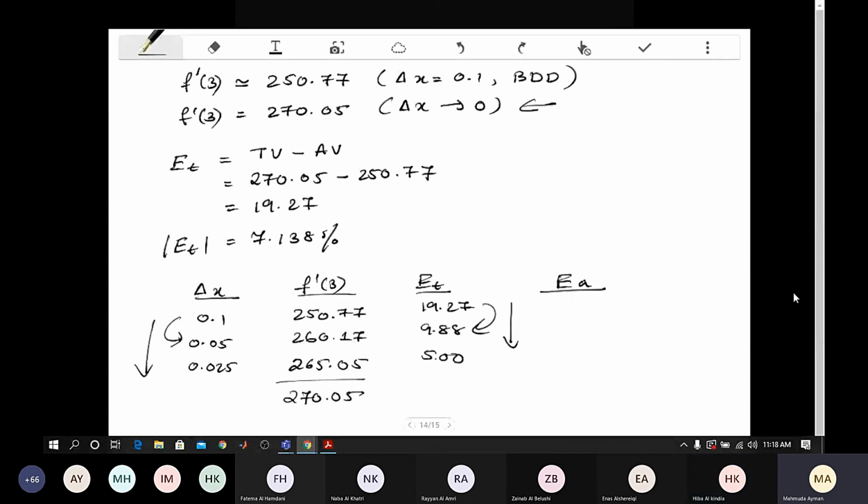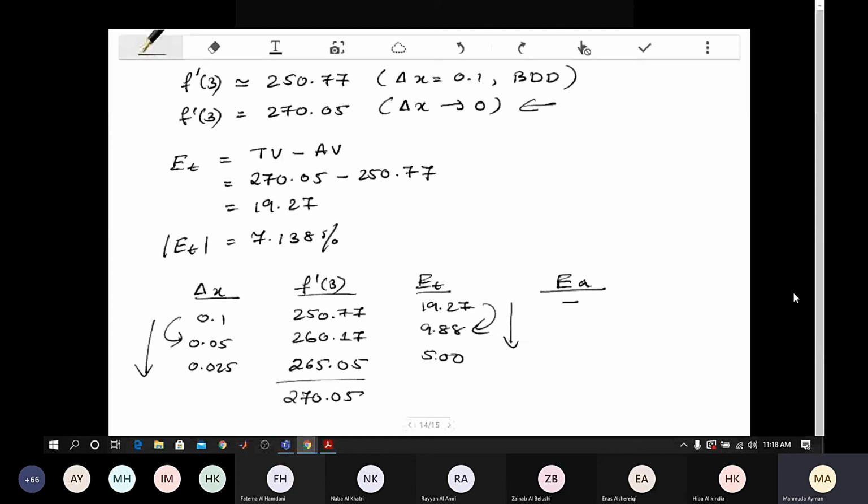Okay, so now can you calculate and give me the value for this one here for 0.05, the EA, the approximate error? 3.61%.